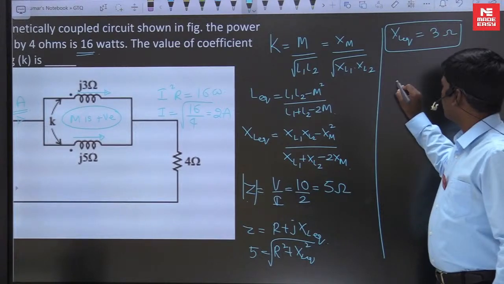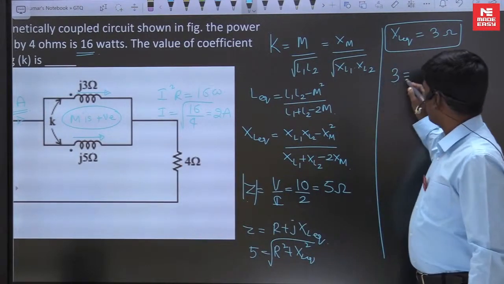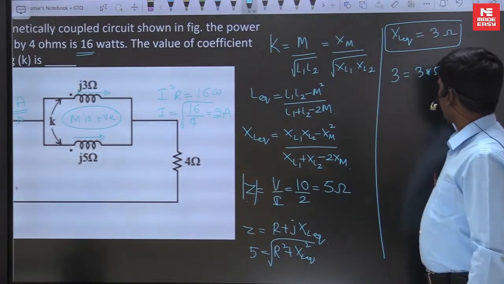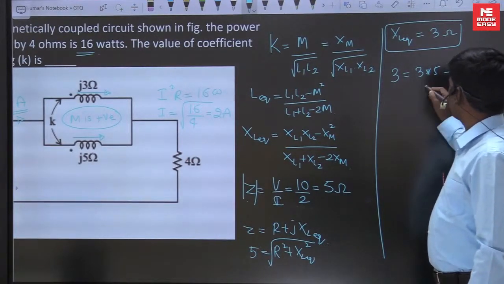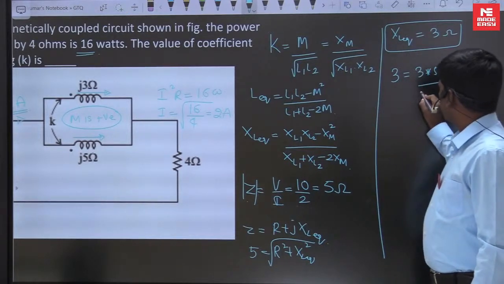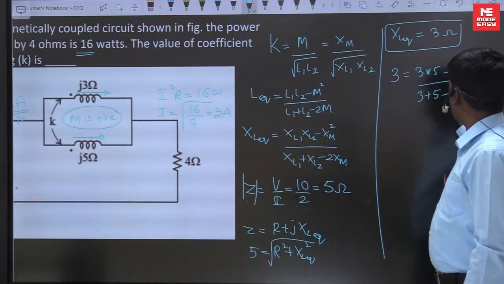3 is equal to XL1 into XL2, 3 into 5, minus XM square, upon the unknown XM square, over XL1 plus XL2, 3 plus 5 minus 2XM.